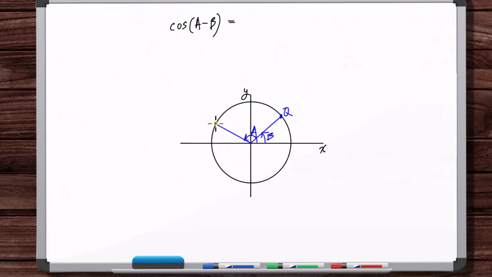And it intersects the unit circle at point S. Now, here's the initial side. It intersects the unit circle at point P. And then we're going to put another terminal side that has angle A minus B. The way we can think about it is you take A here and subtract B, so go back this amount.